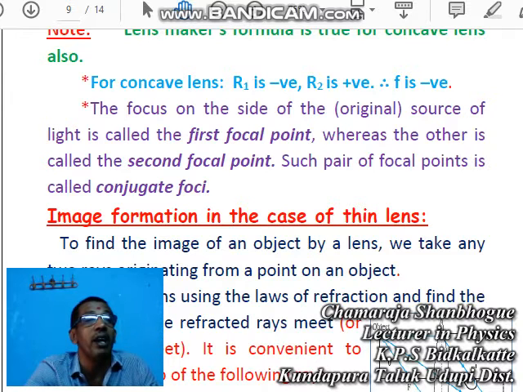Such a pair of points is called conjugate foci.